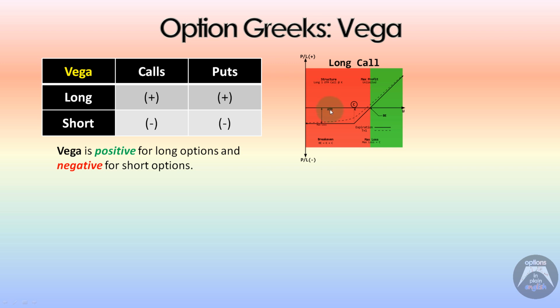So this is the reason why this dash line would be a little bit higher. Okay, so it will be over here, because now this call, once you bought it, you already have it, and then it goes higher, then that value that call has is going to be higher.